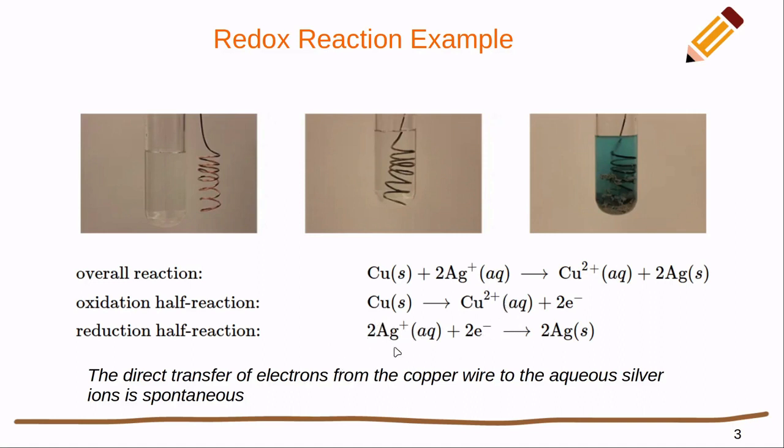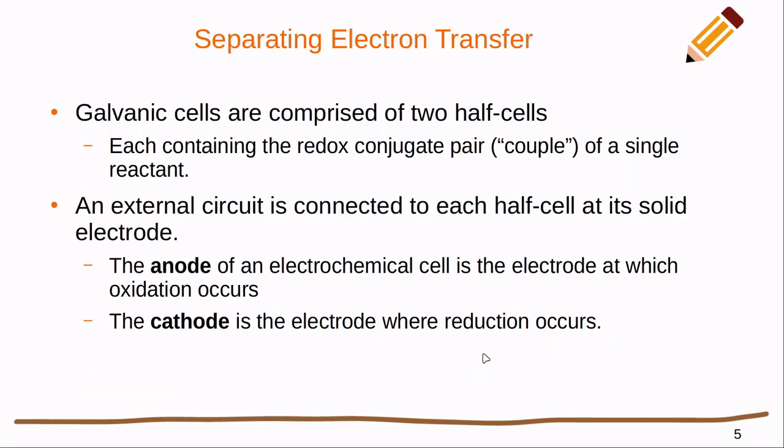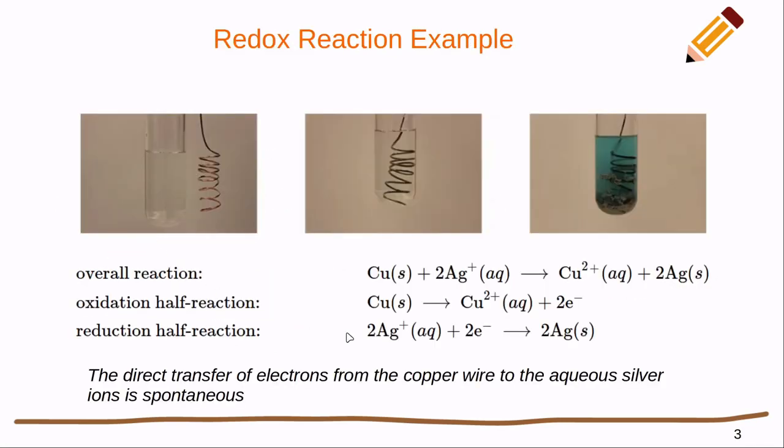The other half cell would contain the silver solid and the silver cations in solution. The external circuit that we were talking about before is connected to each of the half cells at its solid electrode. So the solids in this case are going to be the copper solid and the silver solid.